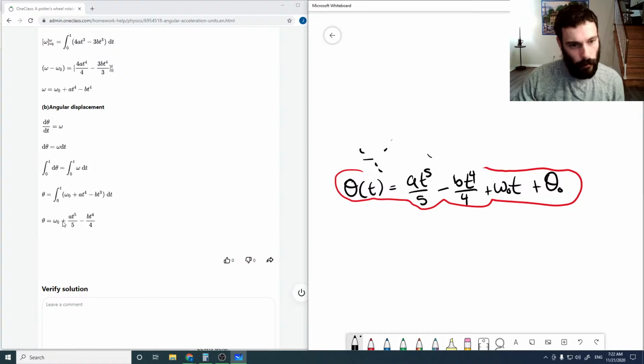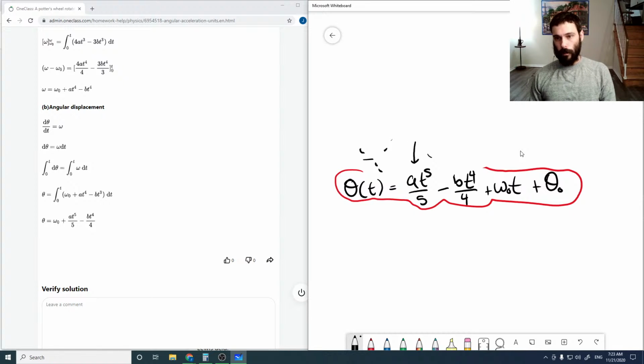But they incorrectly did the omega integral, and then they're missing their theta naught. The integration, at least on the t part, looks okay, but they're missing the t on their omega naught, and it should have had a theta naught. So this really just shows how easy it is to make small errors, and it's best to be careful and to watch what you're doing.